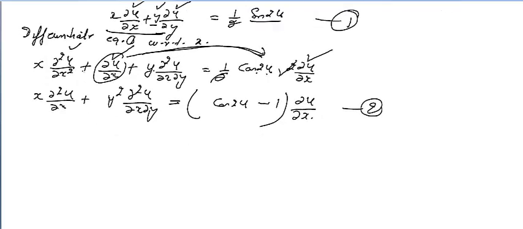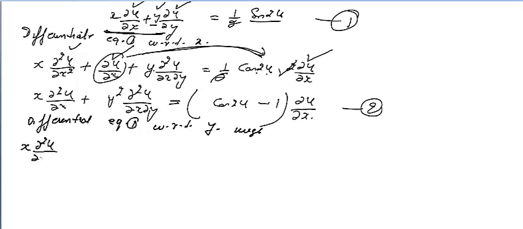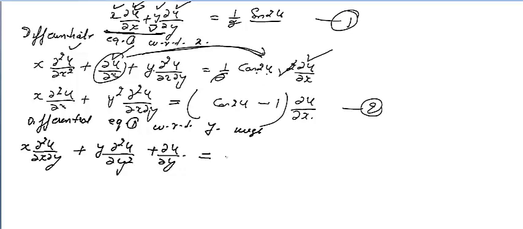Now differentiate equation 1 with respect to y. When you differentiate this with respect to y, x is outside, ∂²u/∂x∂y, and derivative of x will be 0, you need not write. Now y is outside, derivative of ∂u/∂y one more time, double derivative, then ∂u/∂y outside, and derivative of y with respect to y will be 1, is equal to derivative of this with respect to y.